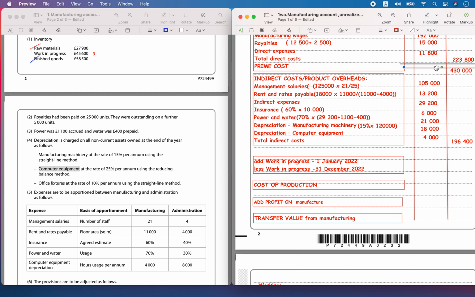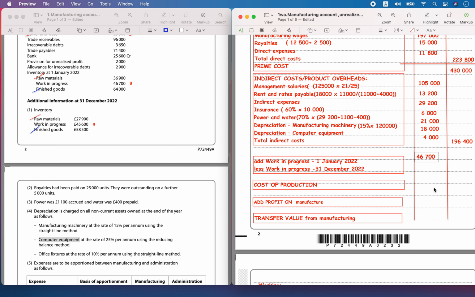Then now we have to add the work in progress and subtract the closing work in progress. 46,700 work in progress, and then you will have to subtract the remaining work in progress, 45,600.